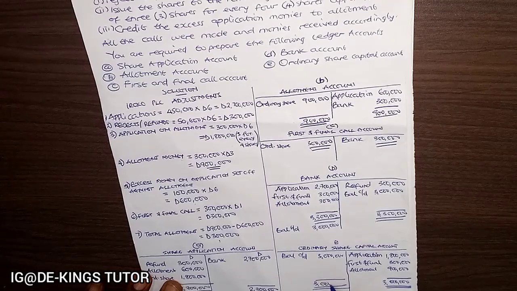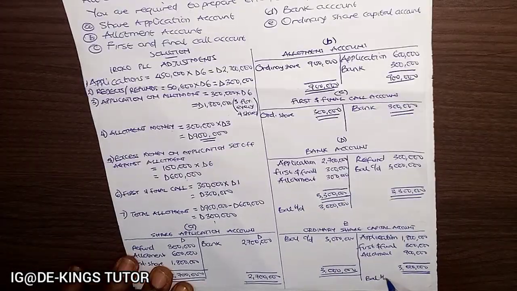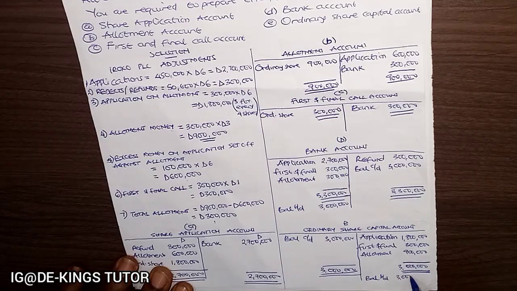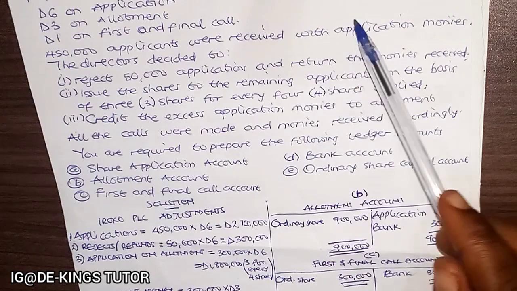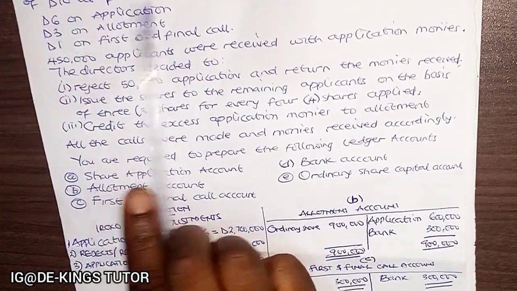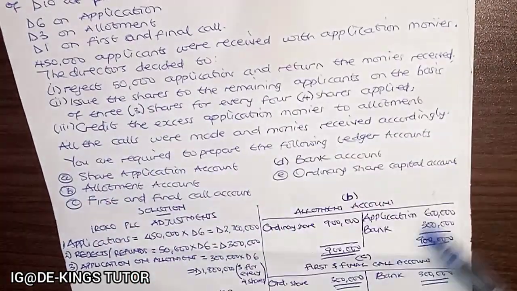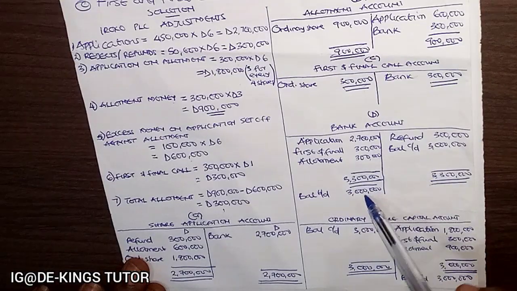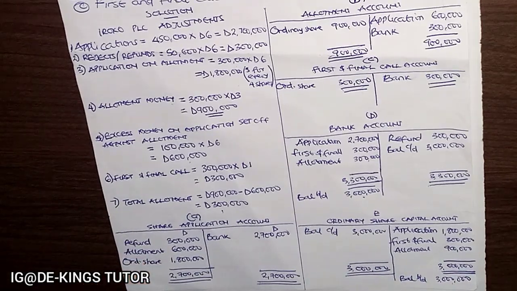So this is balance brought down as 3 million for ordinary share capital. So if you check this, the issued share is 300,000 at 10 naira payable at par. So if you multiply it, this also gives us 3 million as what they received, and they also issued shares of 3 million worth. Okay, so that is the number 9 question.